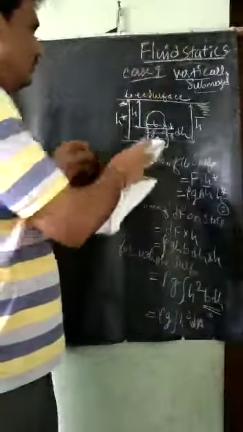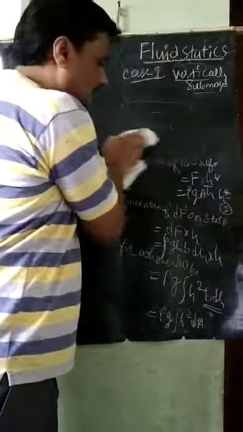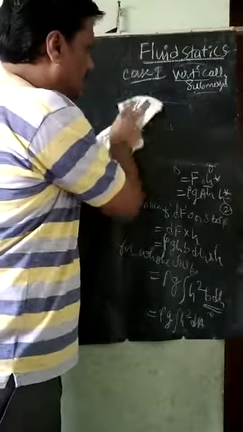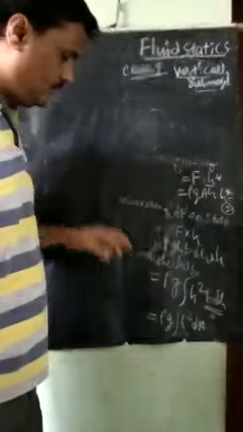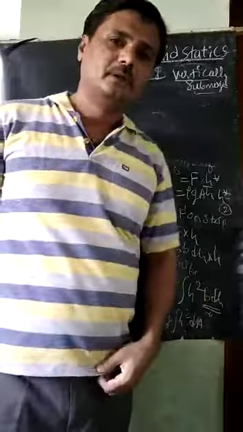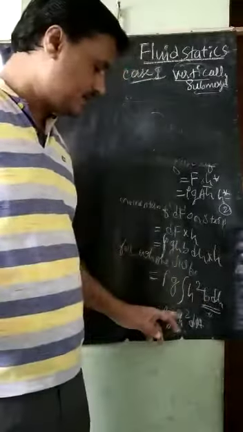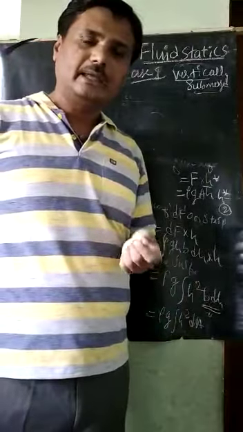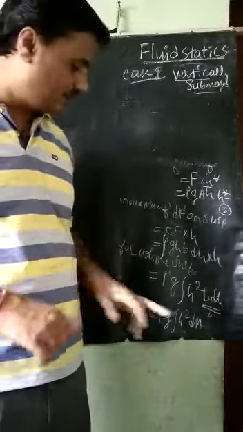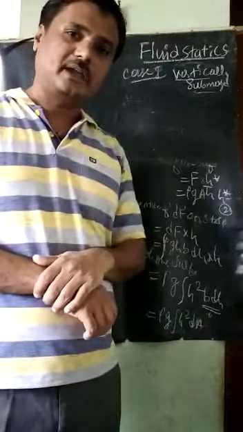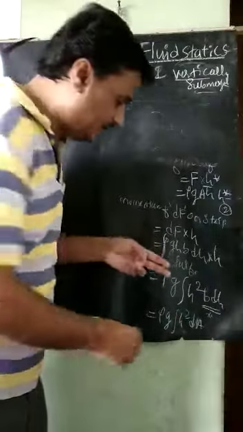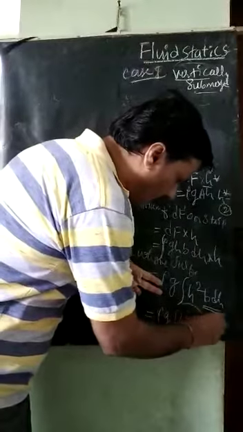So now I will continue the derivation. This integration of h square into dA is nothing but the second moment of inertia, because h square is there. The second moment of inertia can be written as I naught.